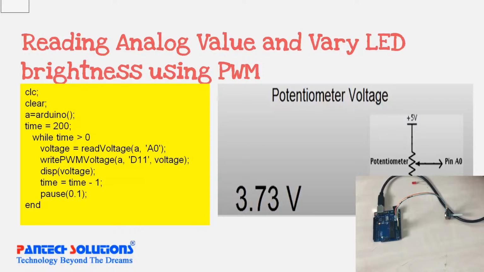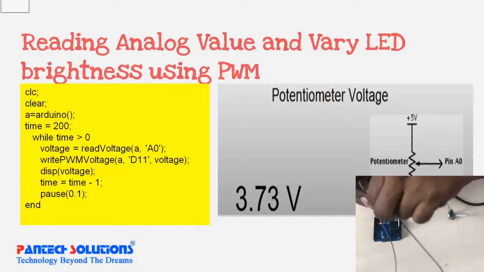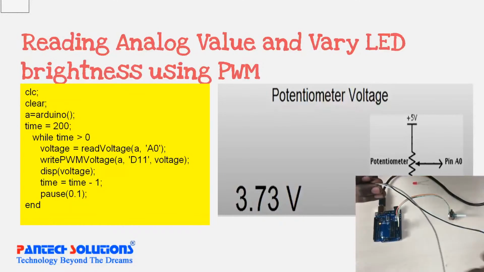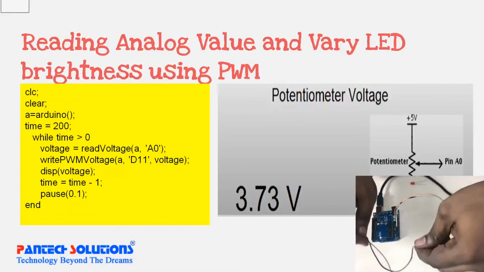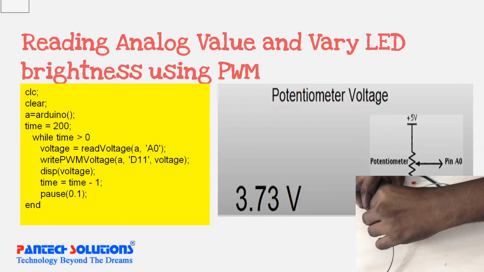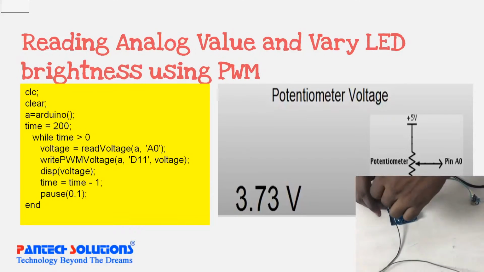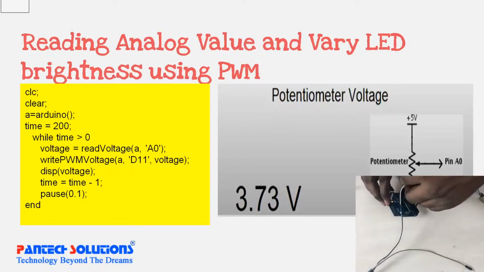So I'm going to connect an LED to the D11 pin. I have an LED here, and it has three pins. The black one I'm going to connect to ground, and white I'm going to connect to 3.3 volt.